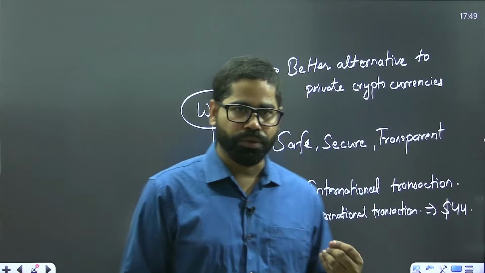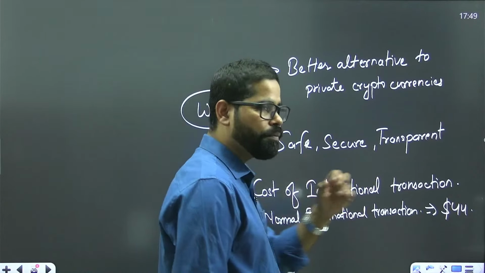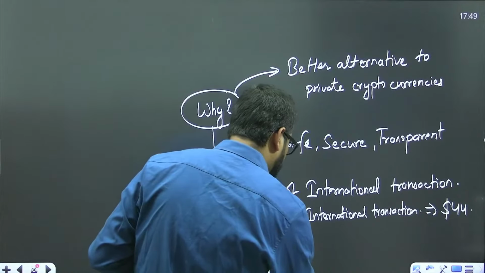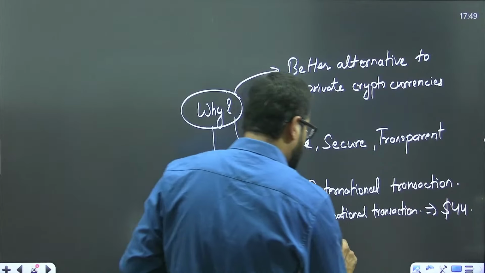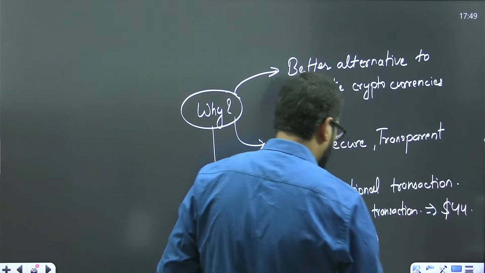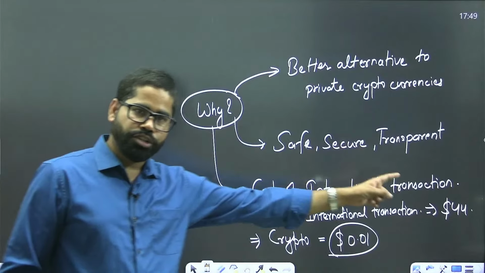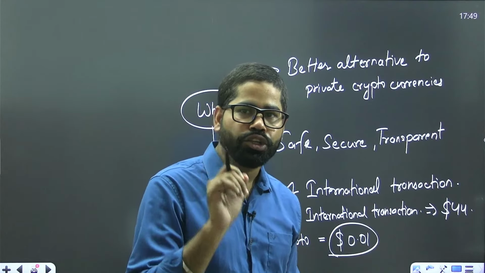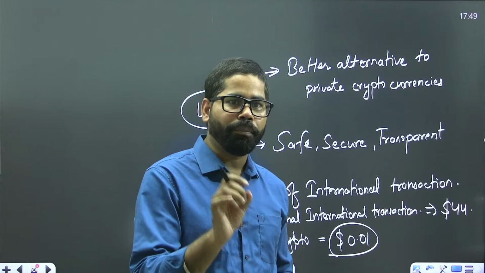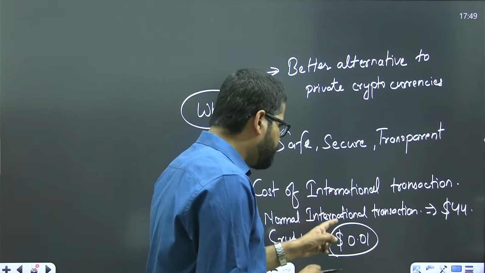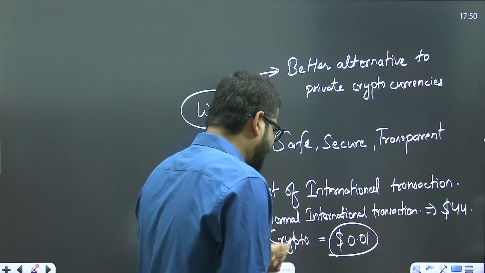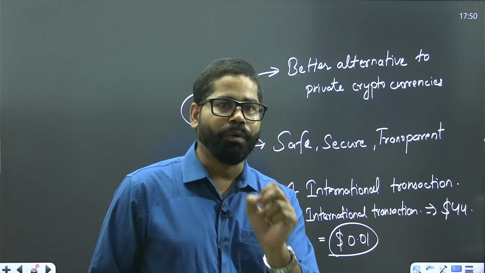But in case of crypto, it is $0.01. So the cost of international transaction using the normal banking route is about $44, but in crypto, it is only 0.01.